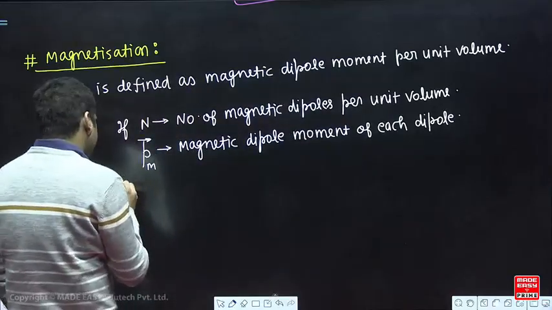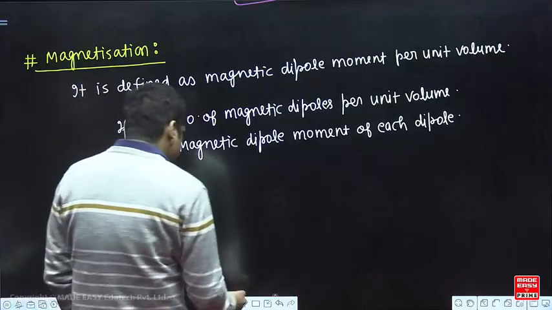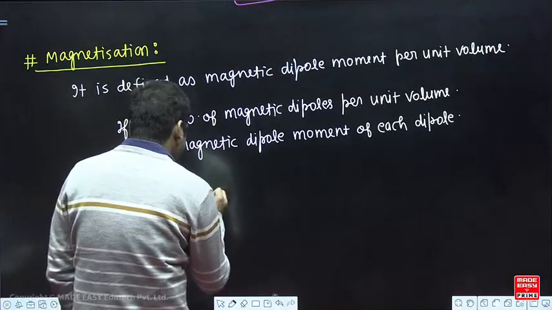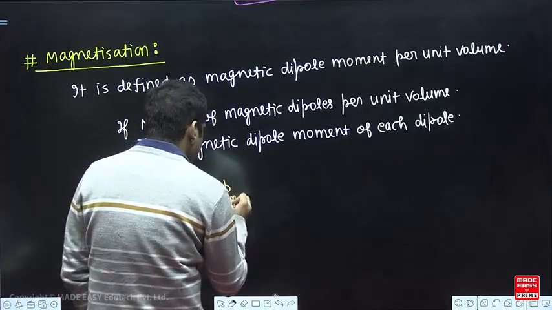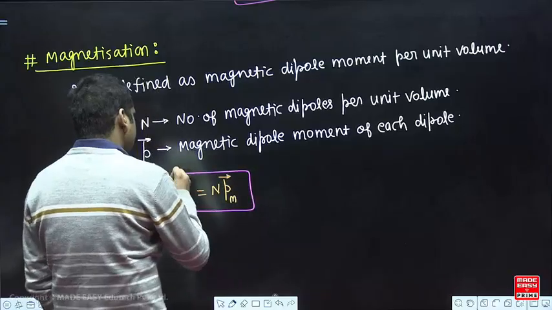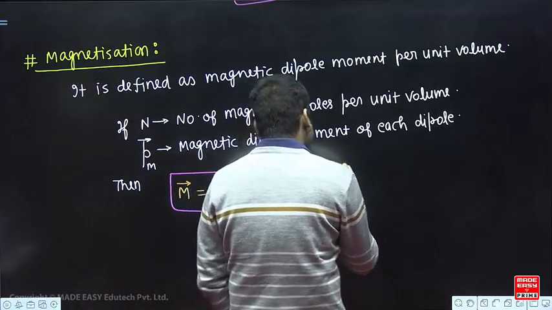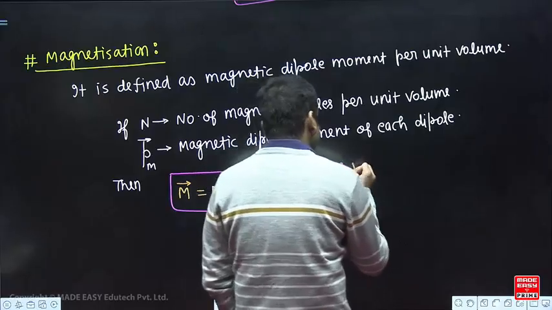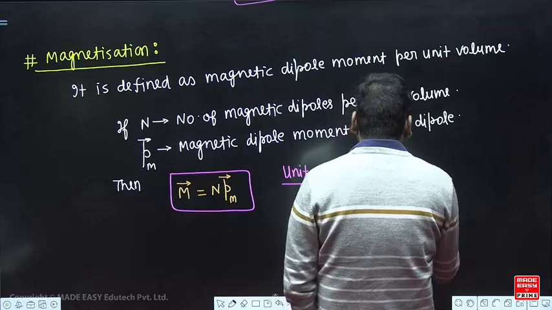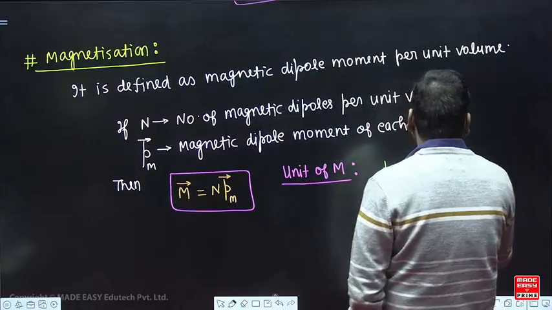Then what would be the magnetization? Pm, Pm, Pm up to n times. So M is equal to n into Pm. Unit of n is 1 by meter cube, and Pm has unit ampere into meter square.